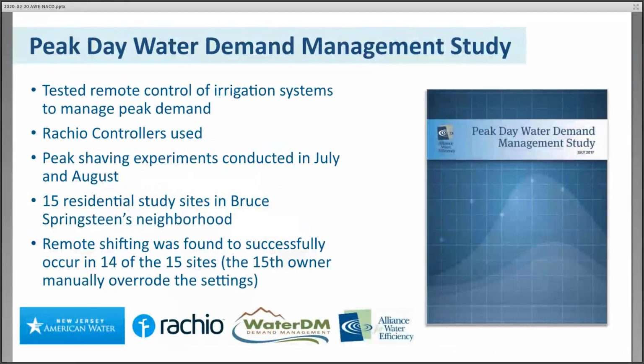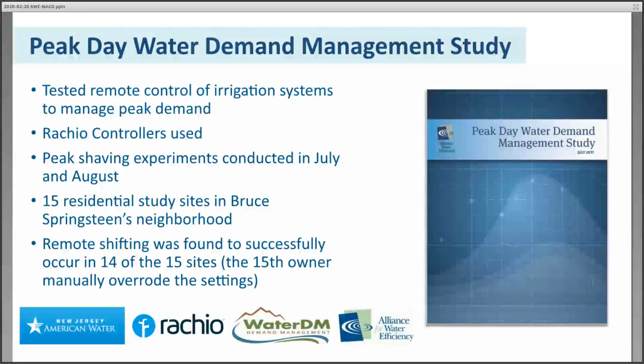So the peak day water demand management study was kind of interesting. We tested the remote control of irrigation systems to manage peak day demand. So some days when it's really hot and dry, everybody turns on their irrigation systems, puts a lot of pressure on the system, and it may start to exceed the peak or put a lot of pressure on a water system.